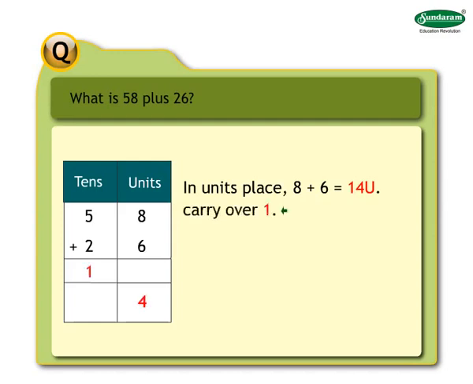Carry over 1 to tens column. In tens place, we now have 5 plus 2 plus carried over 1 tens is equal to 8 tens. Write 8 under tens column. Hence, 58 plus 26 is equal to 84.